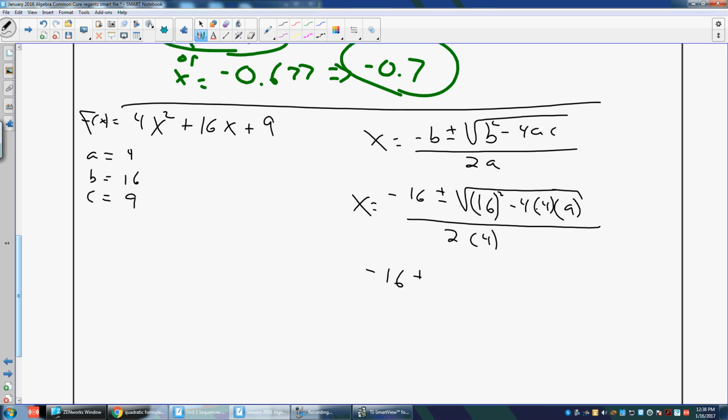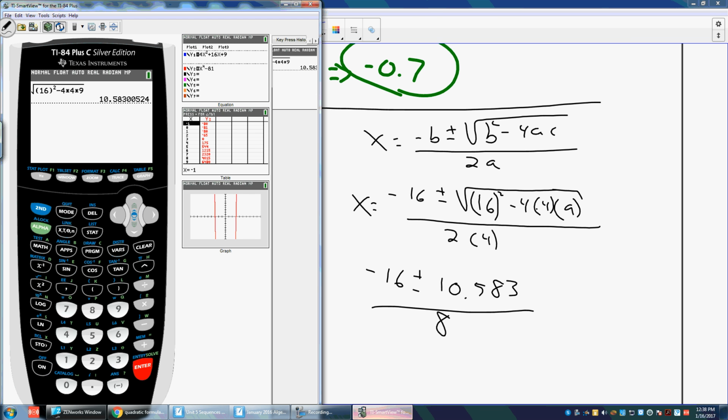Negative 16 plus or minus 10.583 all over 2 times 4 is 8. Negative 16 plus what the previous answer was, negative 5.42.